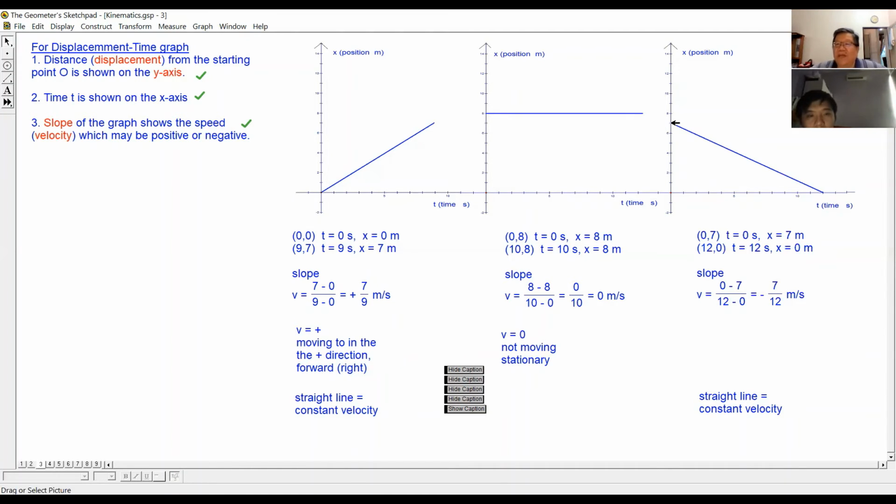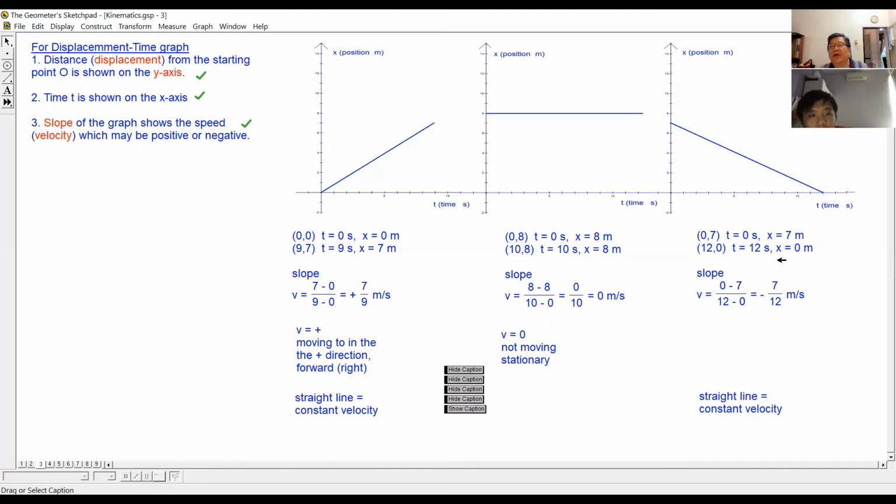Then after 12 seconds, I look at the object. It is at position 0 there. At first it is 7, finally it is 0.